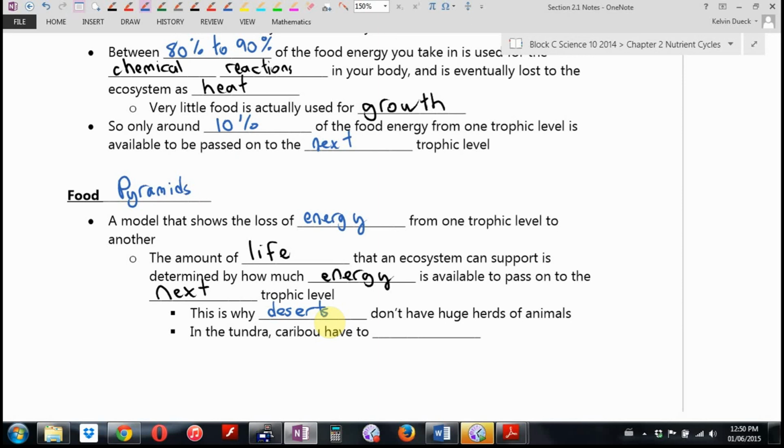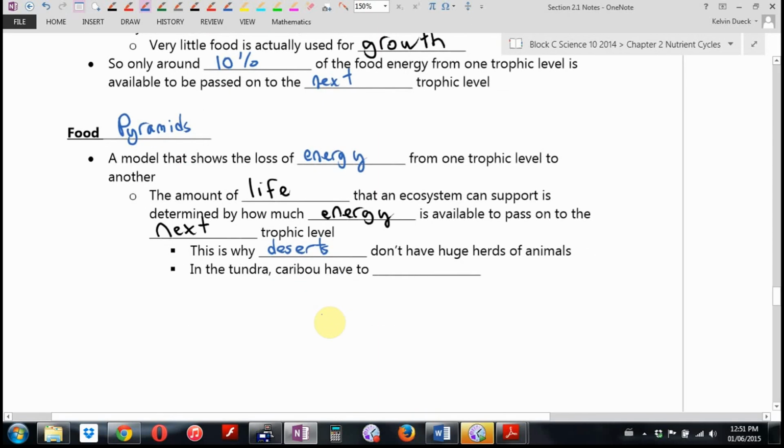On the huge grassland plains, either in North America or in Africa, that's where you get huge herds of animals, because you're starting off with a lot of grass, a lot of energy on the primary trophic level. Or, if you do have herds of animals where there's not much energy, like in the tundra, caribou have to go hunting for their food.